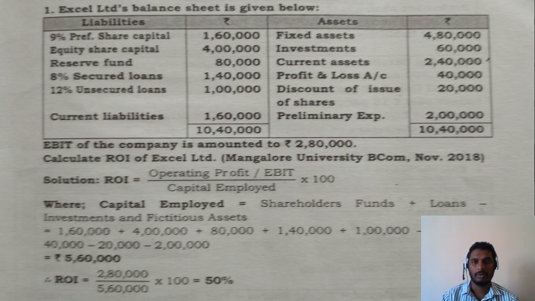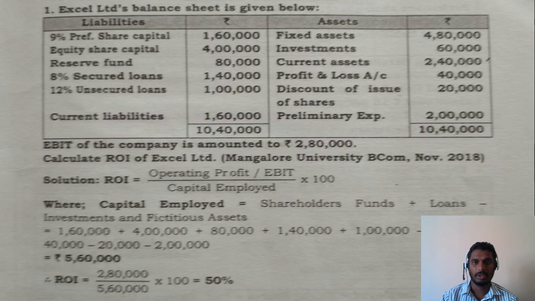EBIT is directly given in the question as 2,80,000, and capital employed is not given, so we have to calculate it according to the formula, where capital employed equals shareholders' fund plus loans minus investments and fictitious assets.